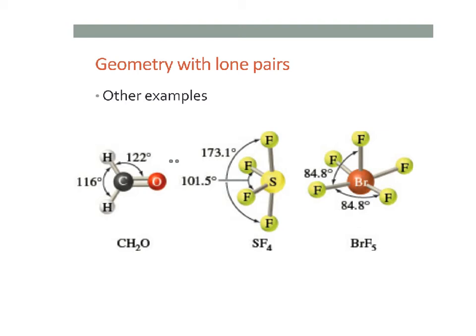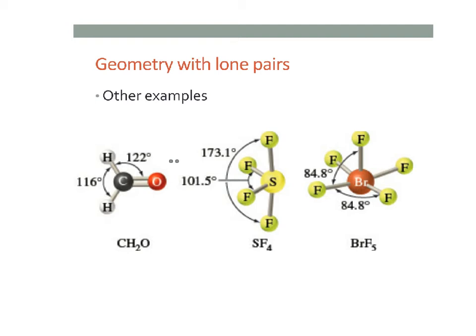So in these pictures over here, you don't see it drawn, but the lone pairs are actually existing right here. And so notice it changes the bond angle. For example, this bond angle should be 180. It's slightly less than that. These bond angles right here are also going to be smushed closer together because of how it's structured. This should be 120, and it's not. It's 101.5.